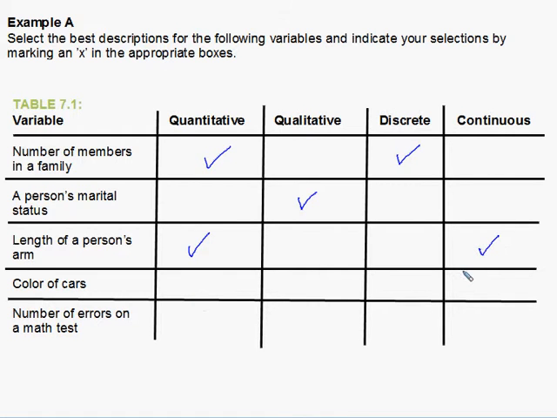Continuous, because you can have all the different fractions of inches and lengths of arms, and as you grew, your arm grew gradually and the length flowed into itself. Okay, color of cars. Qualitative. Number of errors on a math test. Quantitative. Discrete or continuous? Discrete. Okay, good job.